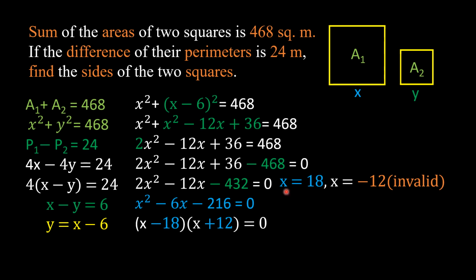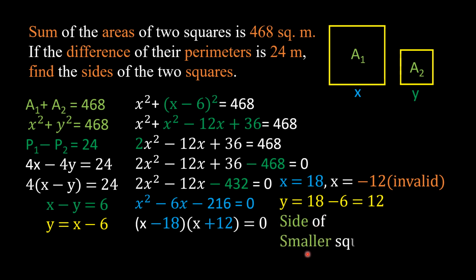So we have x equals 18. So y becomes 18 minus 6, because y is x minus 6, that is 12. So the side of the smaller square will be 12 meter and the larger square will be 18 meter.